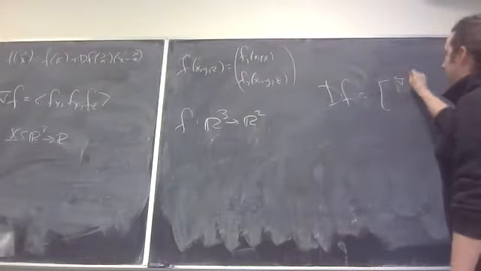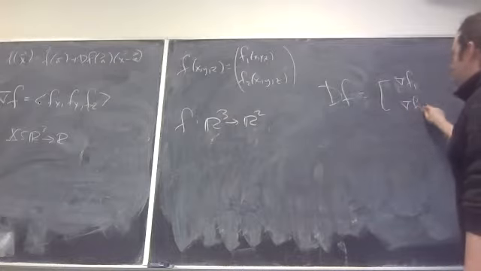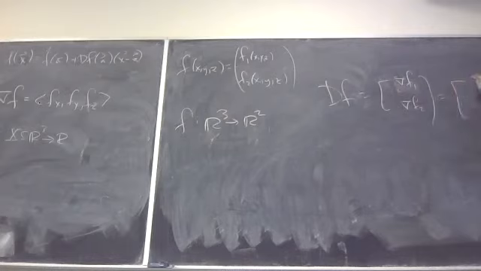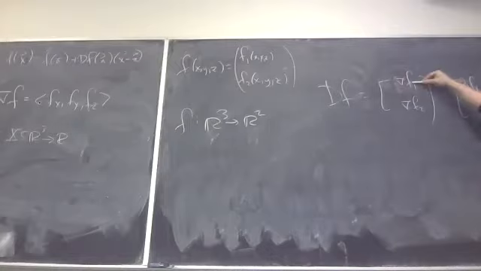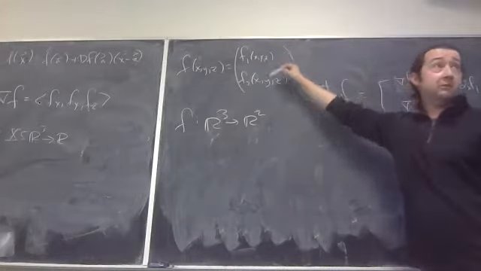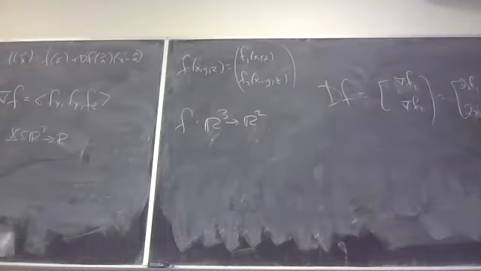You can think about the first row as being the gradient of f1 and the second row as being the gradient of f2. So the first row is the derivatives of f1: the derivative with respect to x of f1, with respect to y of f1, with respect to z of f1. Each row corresponds to one slot of the function, the same slot that the function spit out into. First row of the matrix, same as the first row of the vector. Then d_x f2, d_y f2, d_z f2.